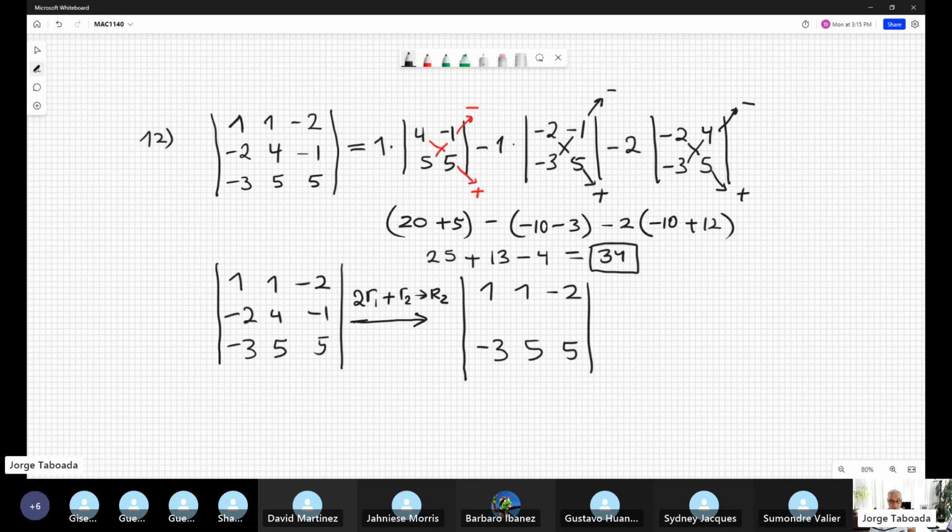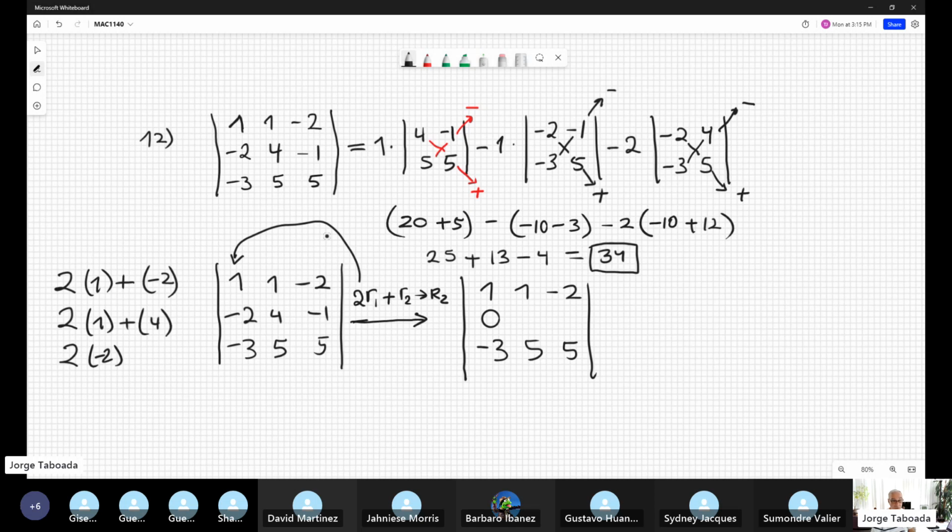However, when you are doing the operation, this is 0, no? It's obvious that it's 0. 2 times 1 is 2. Remember 2, 2, and 2. We have 3, 2, multiplied by the corresponding number in row 1, which is the pivot. 1, 1 is a coincidence, and -2, plus row 2, which is -2, plus 4, plus -1.